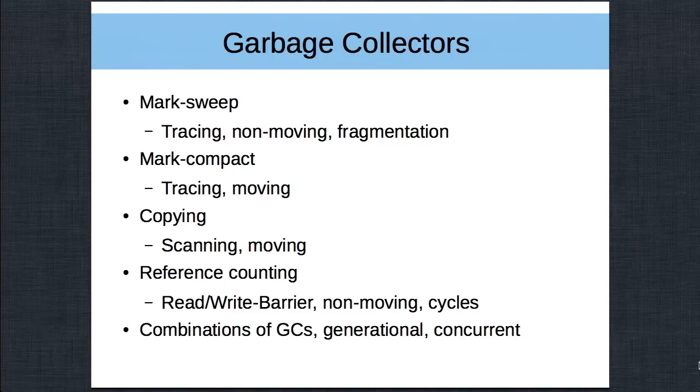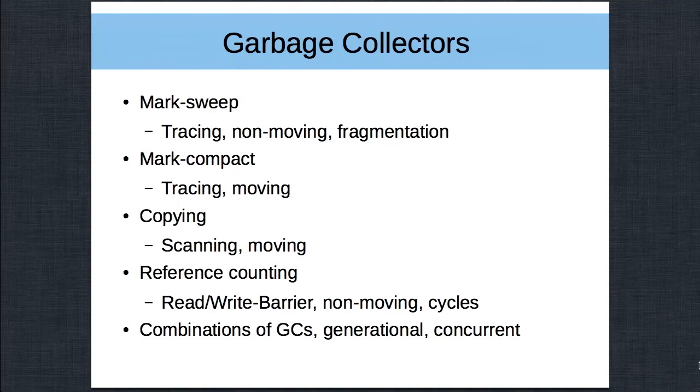The fourth kind of basic garbage collector is a reference counting collector. That means in each object there's a counter of how many references it has, and this is incremented whenever a new reference is assigned, and decremented if it's cleared.